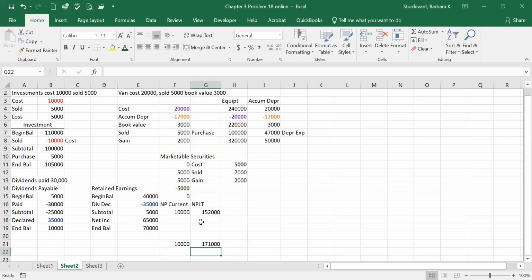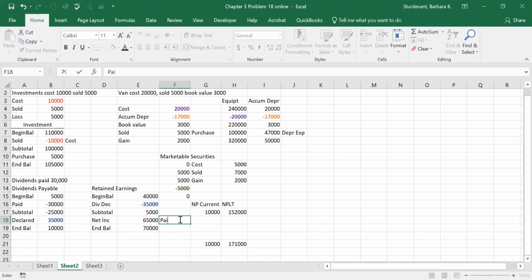Okay. So when it tells you that all current liabilities were paid in a timely manner, they paid this 10,000, which gives us a 0 balance.